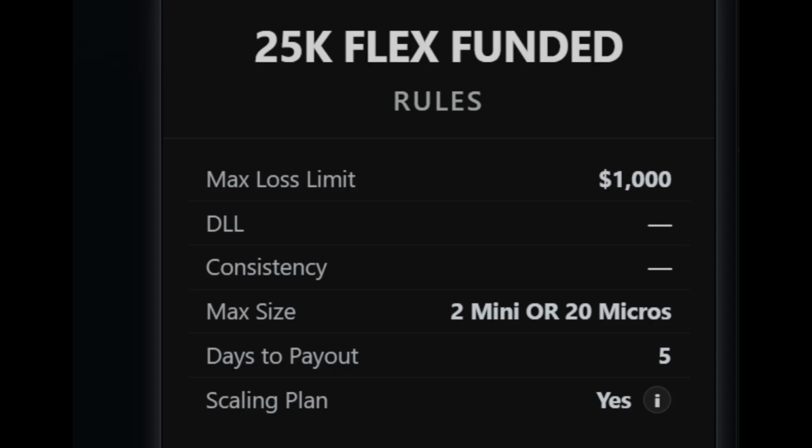But you will notice that there's no consistency. So basically, you need to make at least $2,000 to get a payout of 50%, which would be $1,000. You need to have 5 green days of at least $100. And that's really it. There's no consistency. So that's what we do once we get into funded.